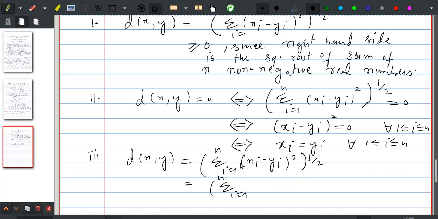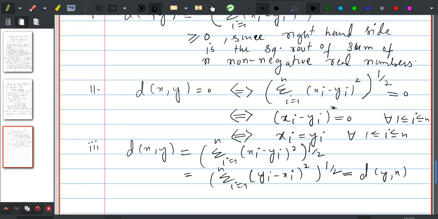Now if we take minus 1 out here, and minus 1 square is plus 1, so this is the same as (yi minus xi) square, and it is square root, which is further equal to d of yx.